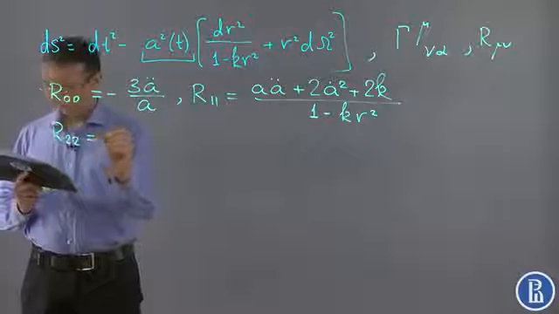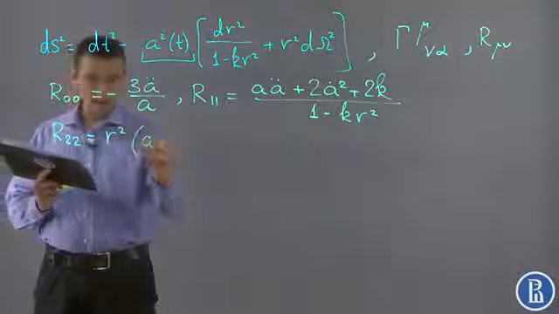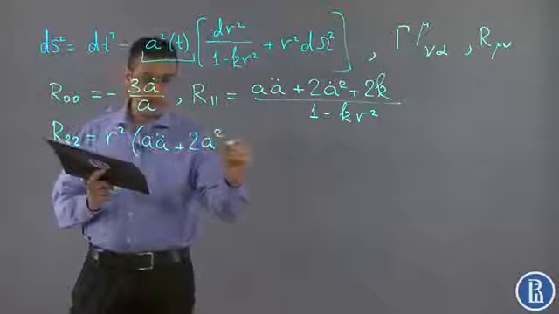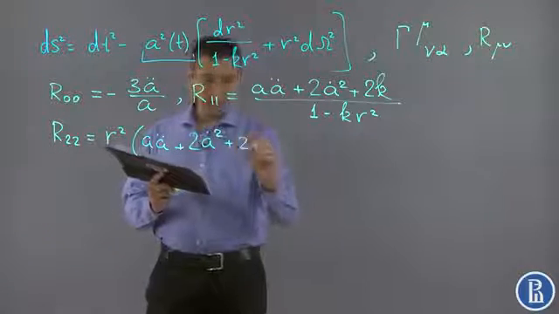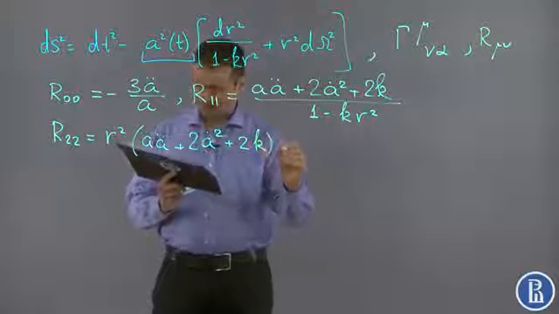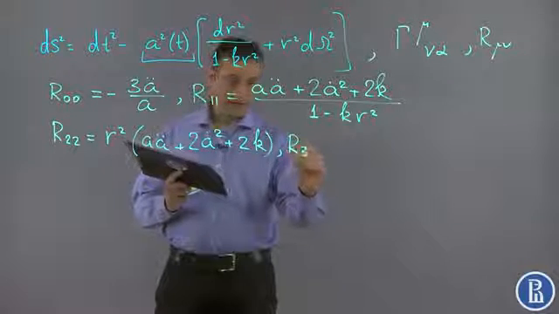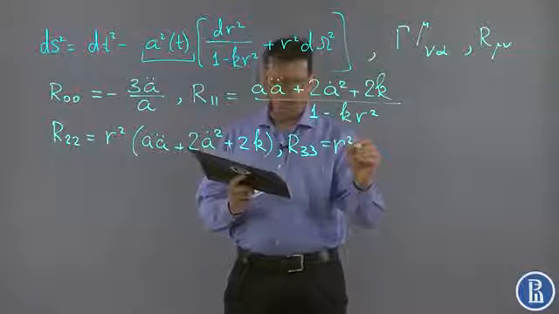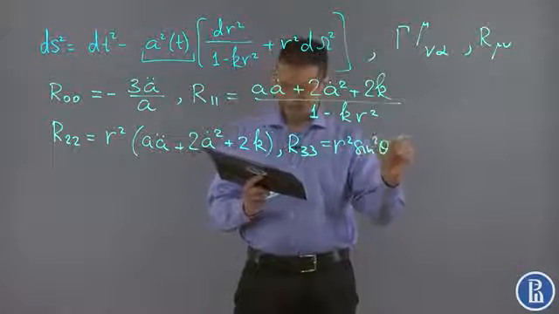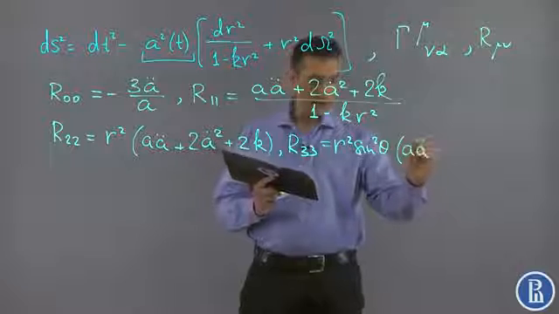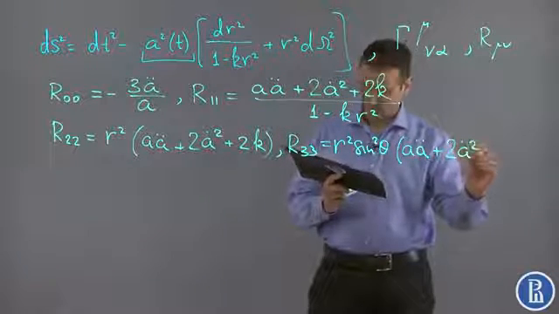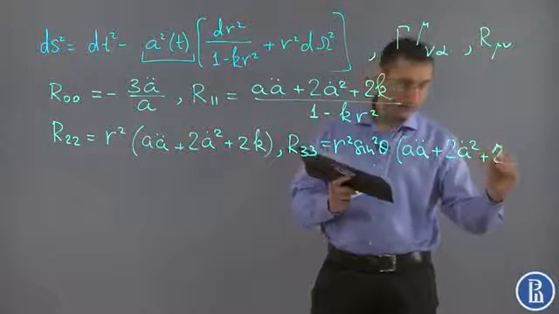R22 is equal to r squared times a times a double dot plus 2a dot squared plus 2k. R33 is equal to r squared sine squared theta times a times a double dot plus 2a dot squared plus 2k.